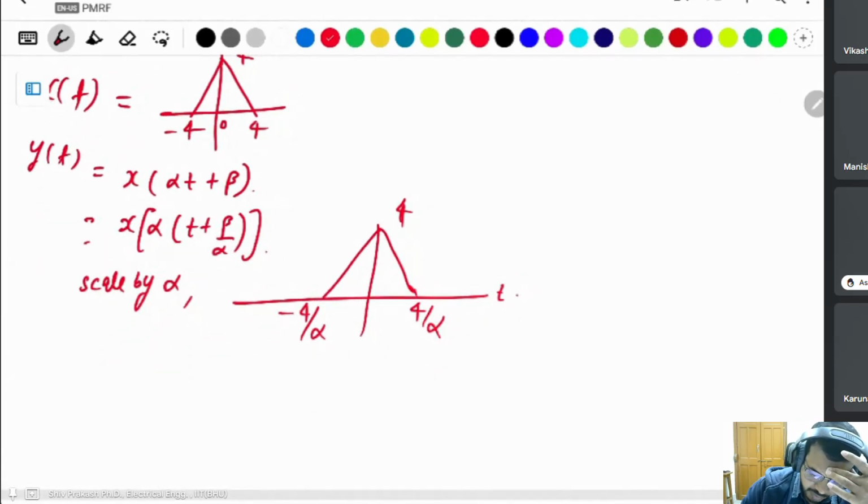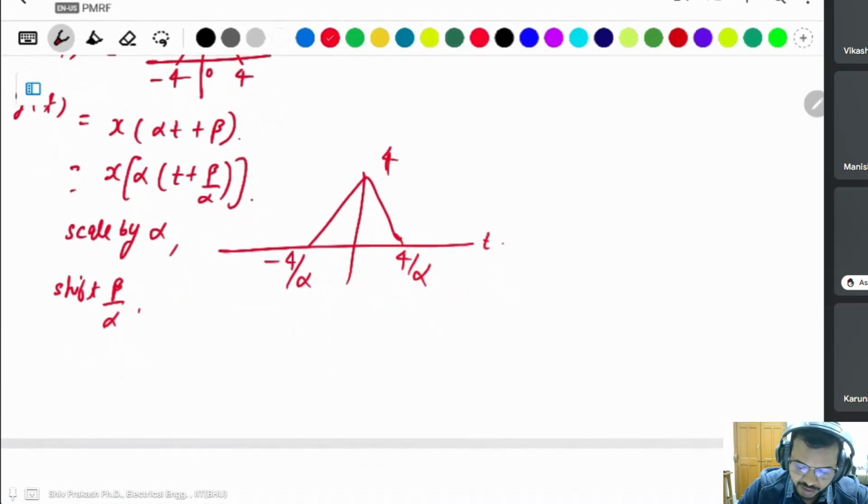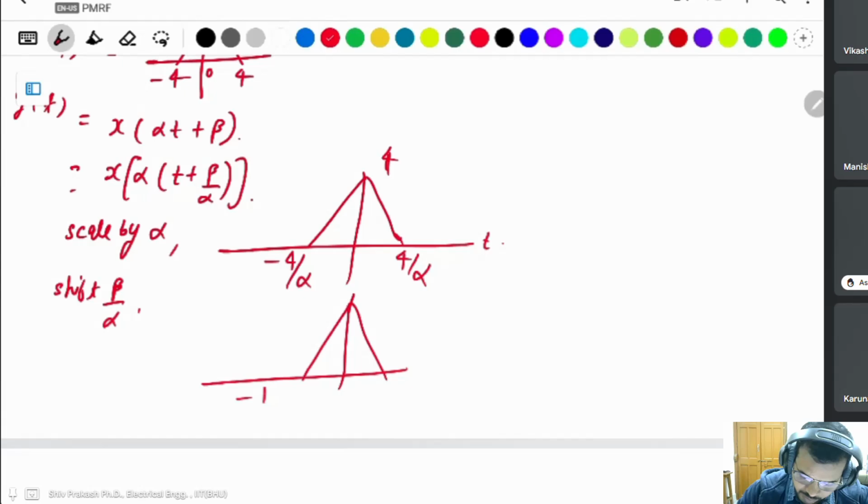Then you have to shift by beta by alpha. If shifting is there, then simply add something here: minus 4 by alpha plus beta by alpha, and 4 by alpha plus beta by alpha.